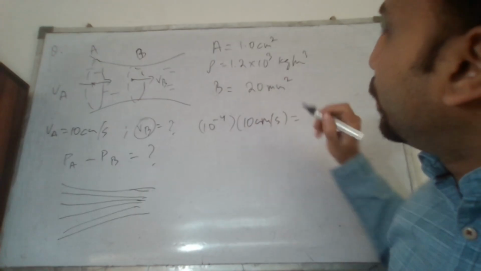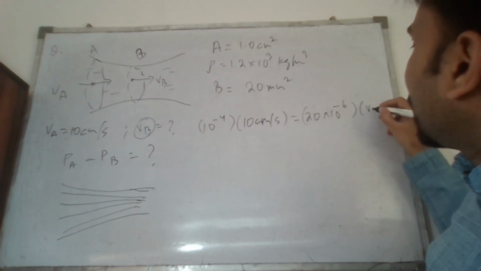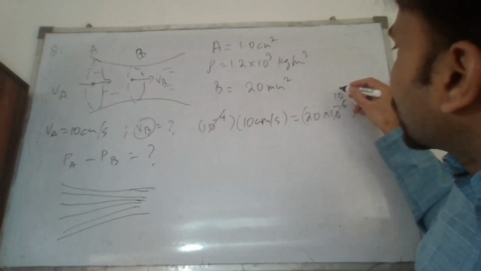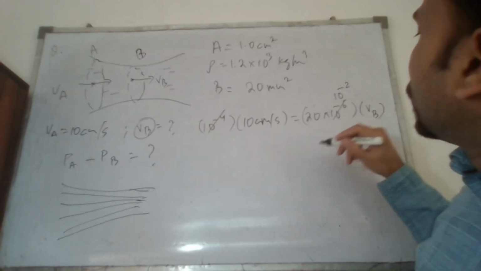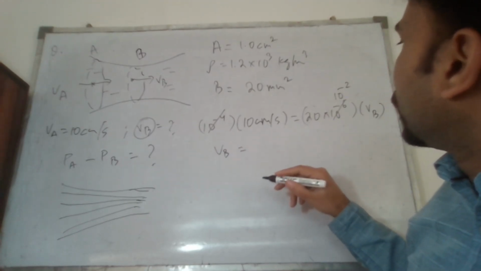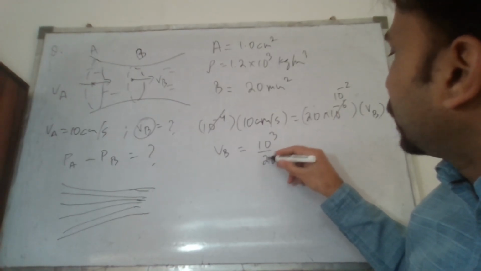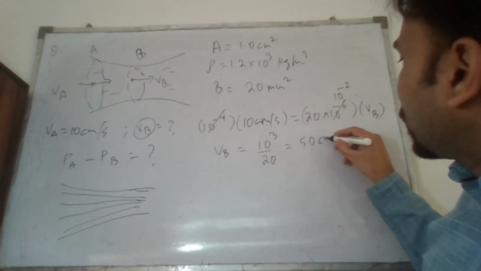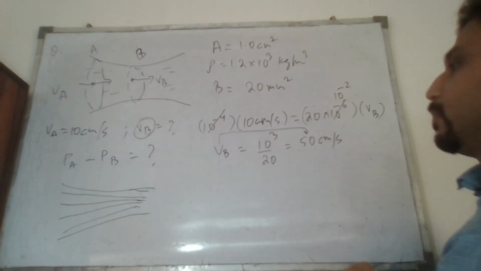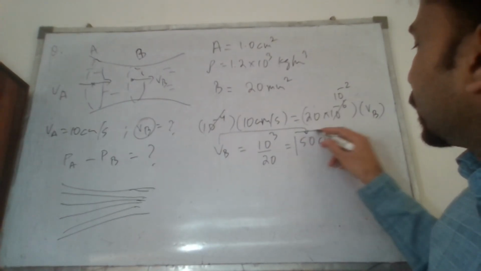The cross section area at B is 20 into 10 to the power minus 6, and the corresponding velocity at B is VB. So VB is equal to 10 to the power 3 divided by 20. That is 50 centimeters per second. This is the velocity at point B.